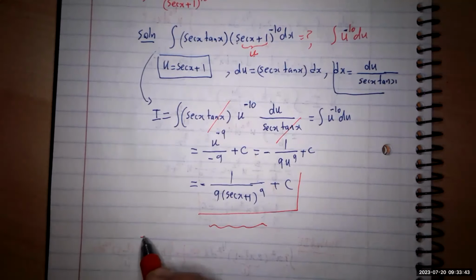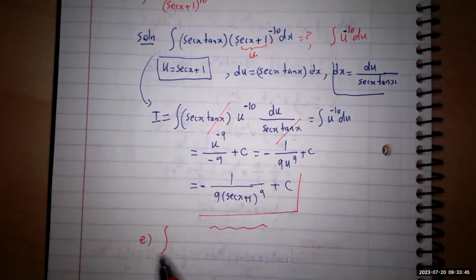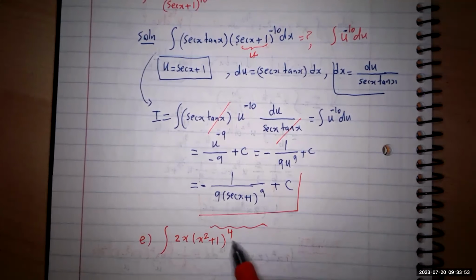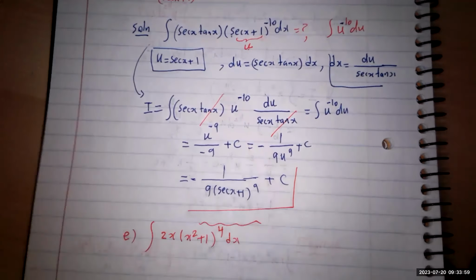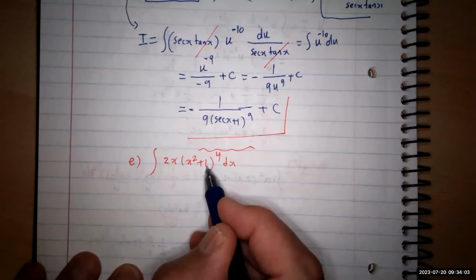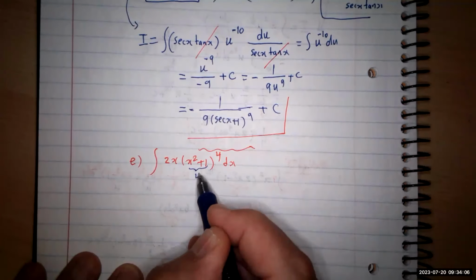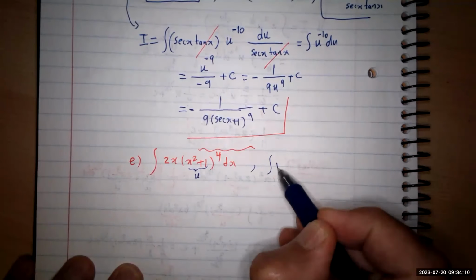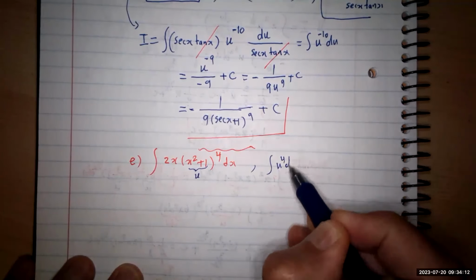Part E is just a repetition of the top, so it's going to be 2x times x squared plus 1, to the 4th, dx. That's easy. I just give you the final answer, then you repeat it and check it yourself. You see this is going to be u. So the target is you must get u to the 4th du.